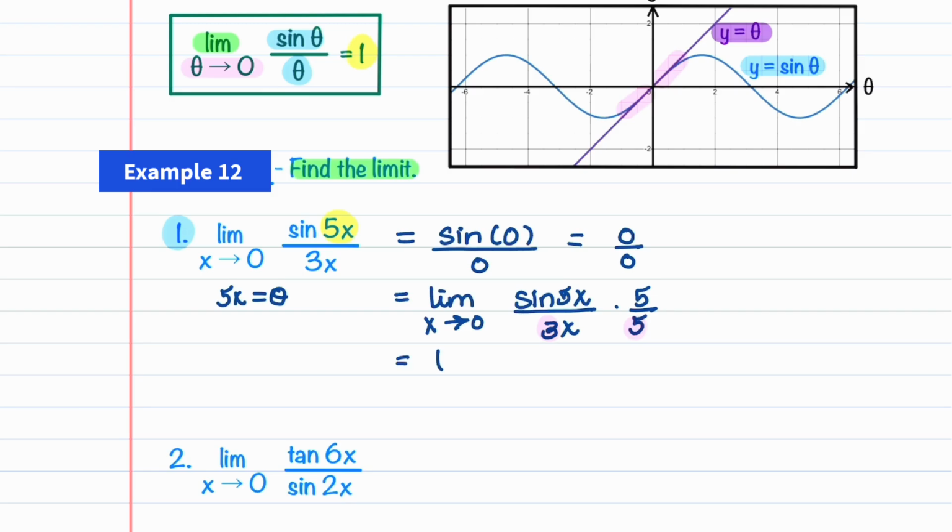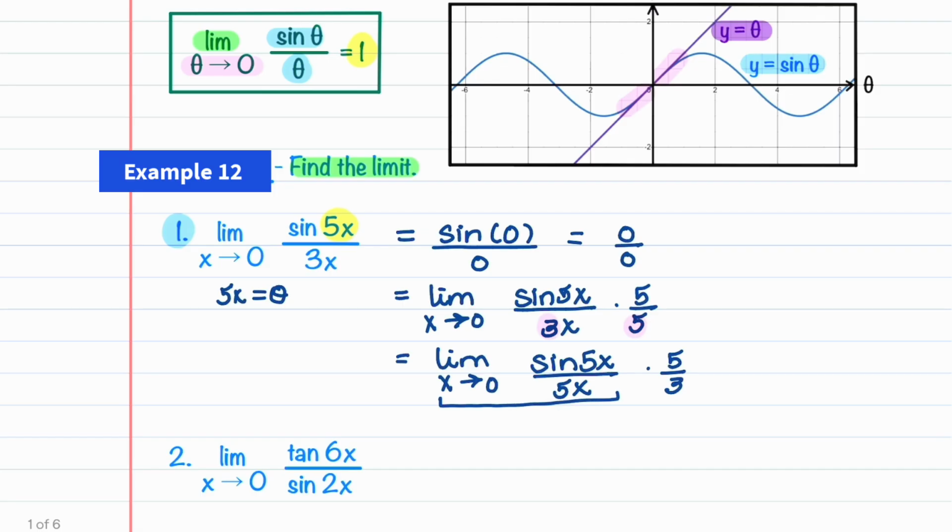And we're just going to rewrite this as the limit as x goes to 0 of sine 5x all divided by 5x times 5 over 3. We now know that this limit is equal to 1 because it's just like sine theta over theta. So we have 1 times 5 over 3, so we get an answer of 5 over 3. And that's what our limit is equal to.